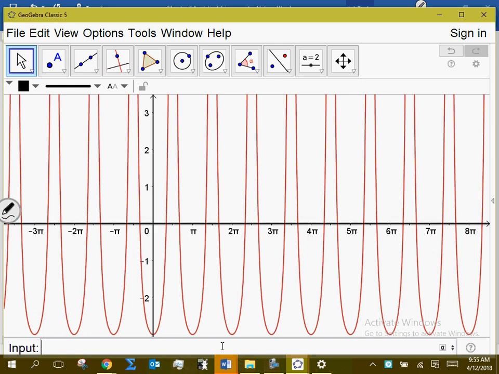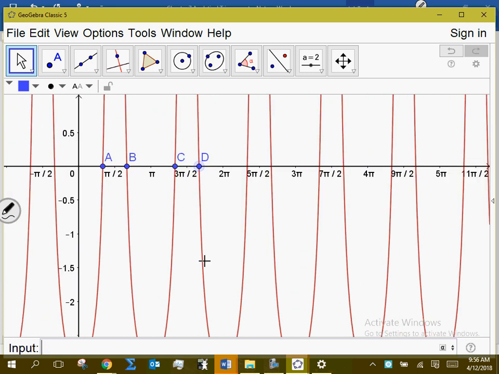Okay, it would be at, we said, what, pi over 3, comma 0 is that point. 2 pi over 3, comma 0 is that point. 4 pi over 3, comma 0 is that point. And 5 pi over 3, comma 0 is that point. Is that the solutions around the unit circle?